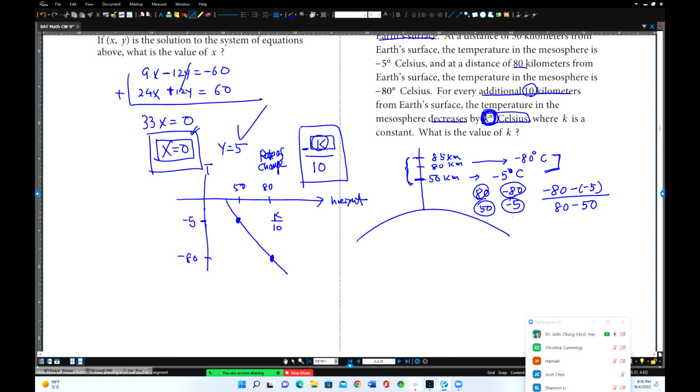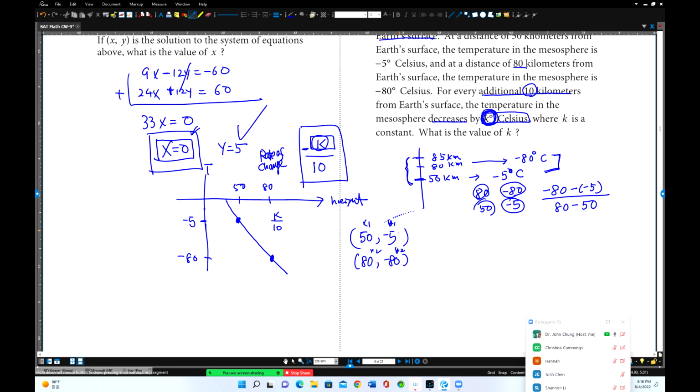So find out between 2 points. I'm going to write it one more time. We have x equals 50, y equals negative 5, and at 80, temperature negative 80. From this, y2, x2, y1, x1, okay?